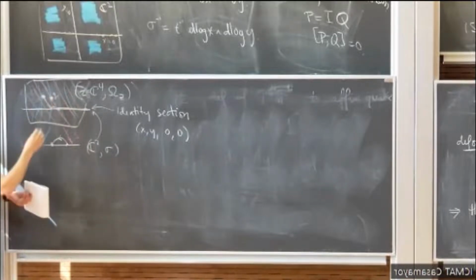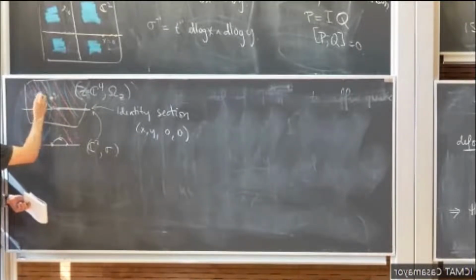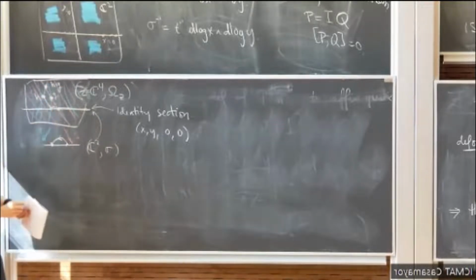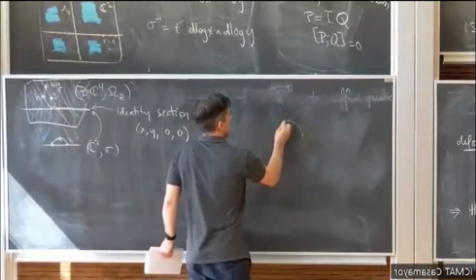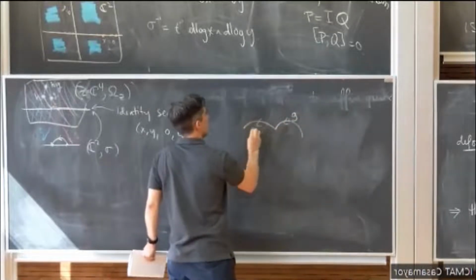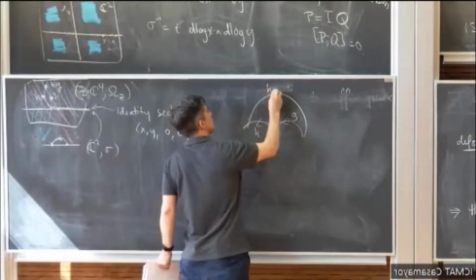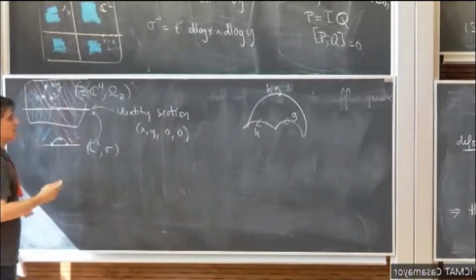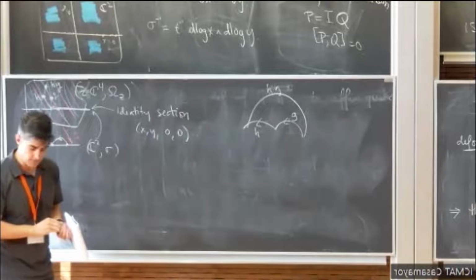And then you could compose them, let's say if this is H, and you could compose them to HG. So this is the reason why it's called a groupoid. Okay.